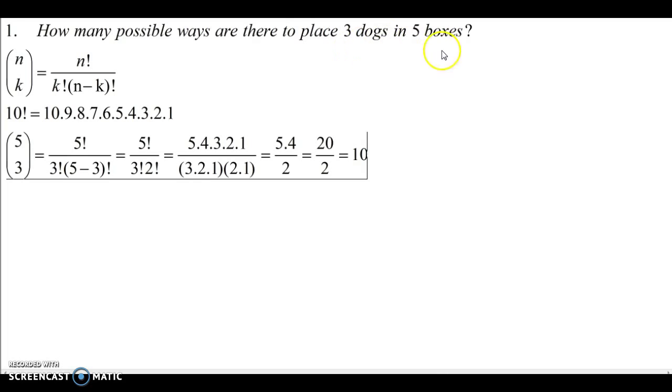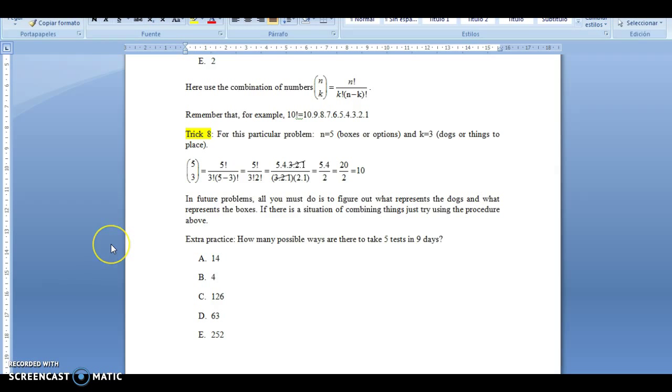So in this case, it could have been done by listing all the potential cases with 3 and 5, but it would take too long. So what happens if you get like 6 and 10, for example, then it's going to take a while. So it's easier to know how to use this formula here, the combination of the numbers n and k.